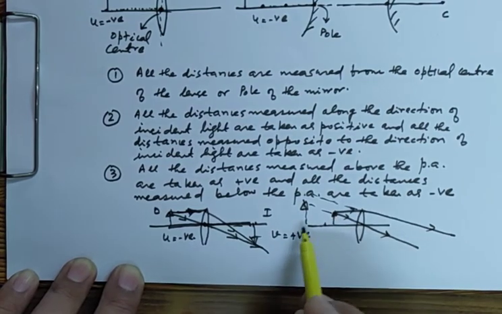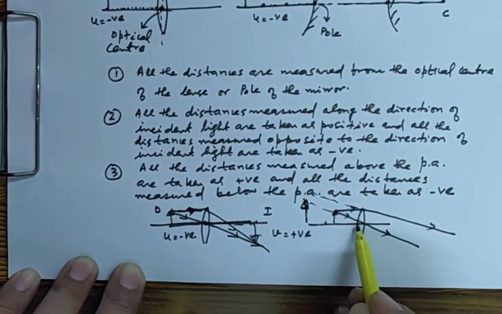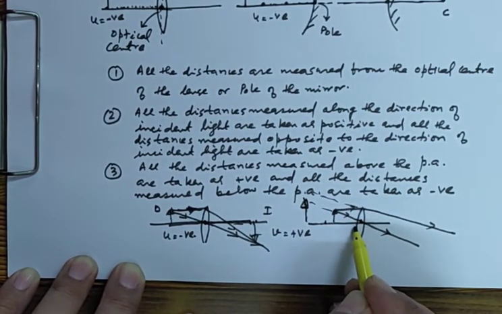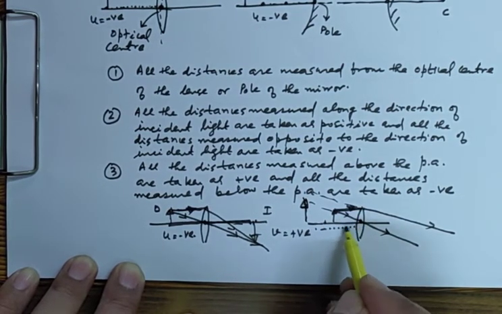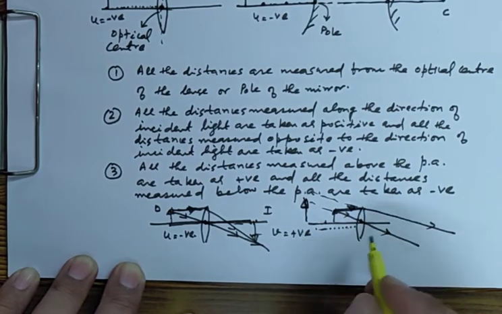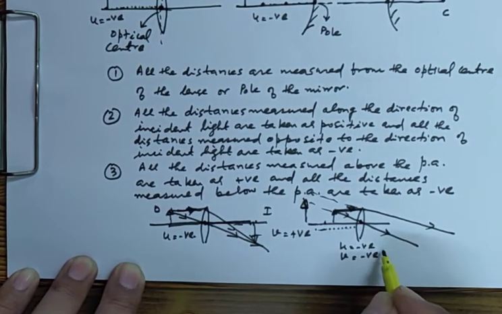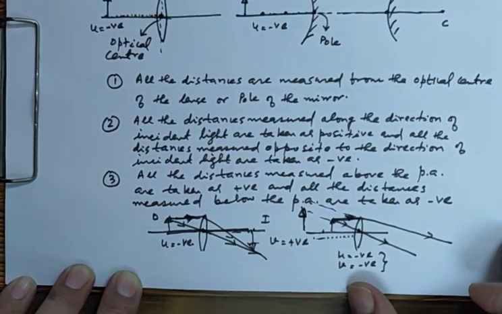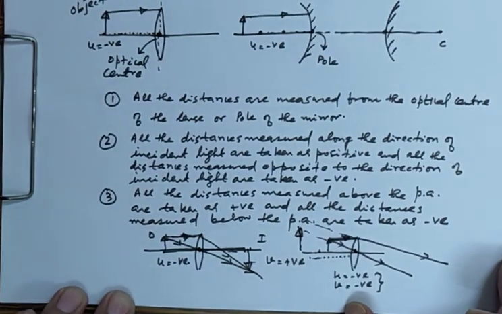Now if I want to measure the distance of the image, I will again start from the optical center. Now you can see that I am moving against the direction of incident light. This is the incident light. So in this case u is negative as usual, and v is also negative because both the distances are measured against the direction of incident light. So in this way we put the signs of u and v.